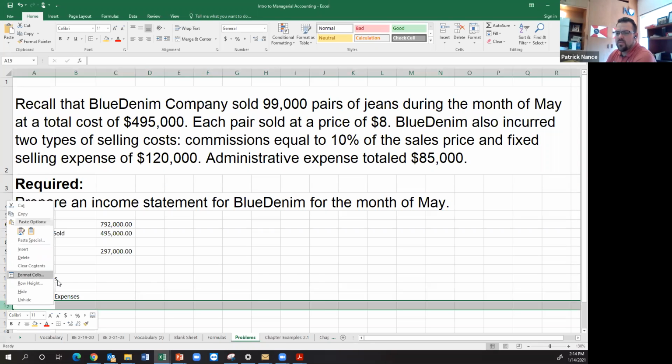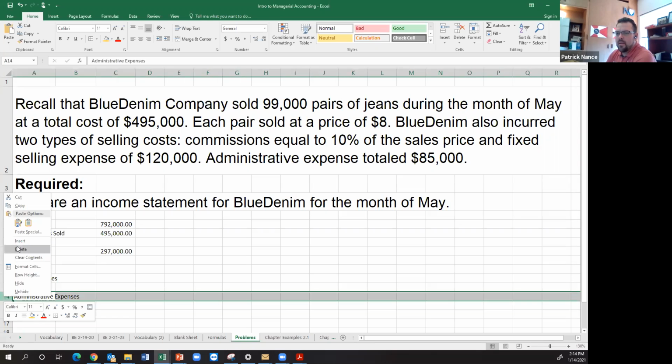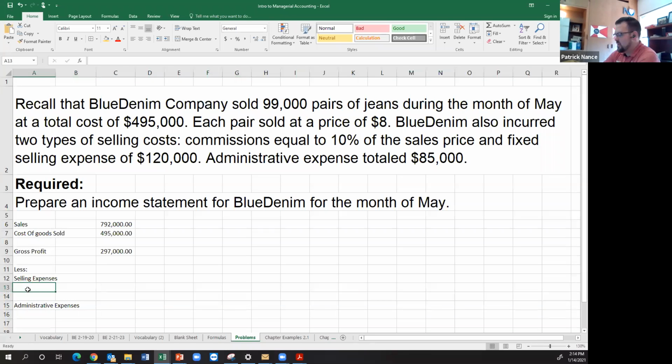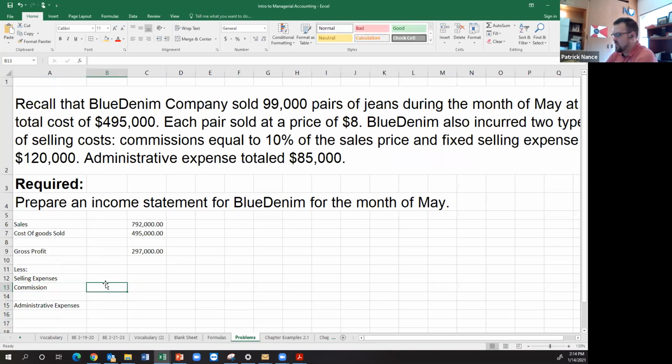So I'm going to make room for the two. So commission, which is 10% of the sales price. So I can just hit equals sales price, the total sales price times 0.1. Obviously, you could also take 10% of $8 and multiply that by 99,000. There's more than one way to do this, whichever way makes more sense to you. So the commissions are $79,200.